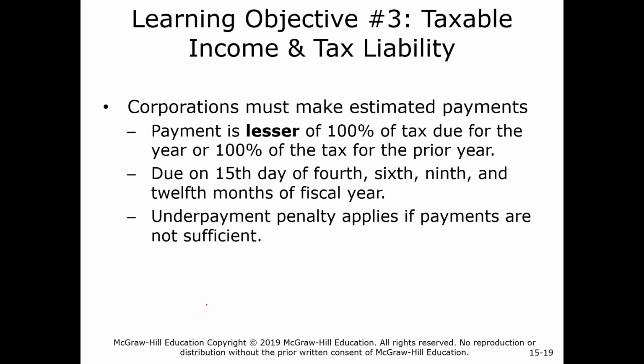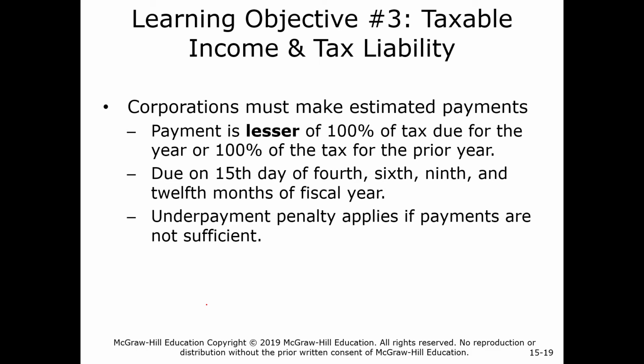Corporations also have to make estimated tax payments. If we recall, individuals were also required to make estimated tax payments if, let's say, I'm self-employed and don't have withholding, then I have to make quarterly estimates. It's the same thing for corporations.